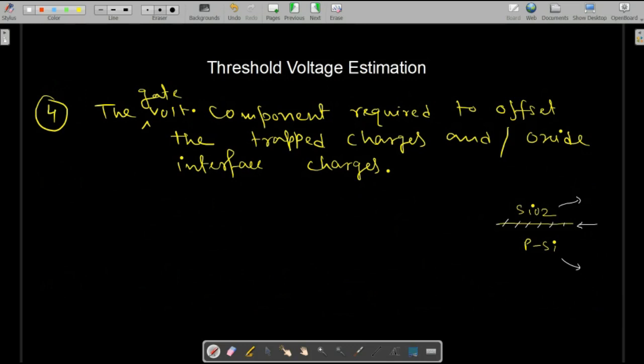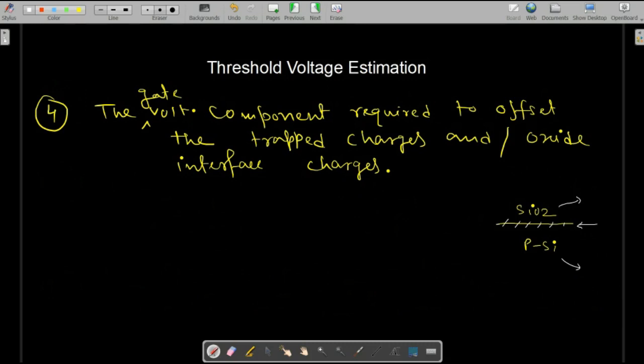Although SiO2 is the native oxide of silicon, that mismatch is not too significant. But instead of SiO2, if you use some other dielectric, such as hafnium dioxide, which is widely used nowadays, there is quite a large mismatch in the crystal structure.